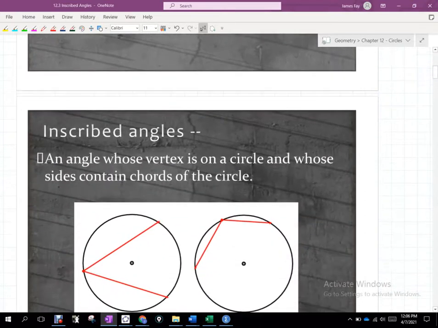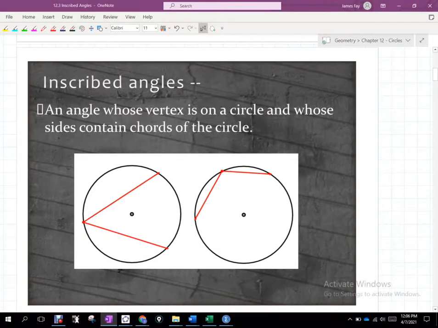An inscribed angle is an angle whose vertex is on a circle and whose sides contain chords of the circle. This is a side of my angle, and that is a chord. If you remember talking about chords a couple days ago, that is a chord for the circle.